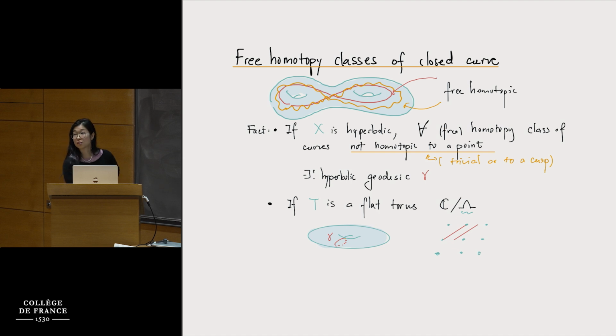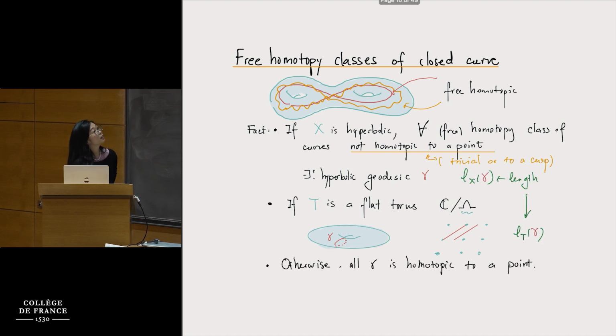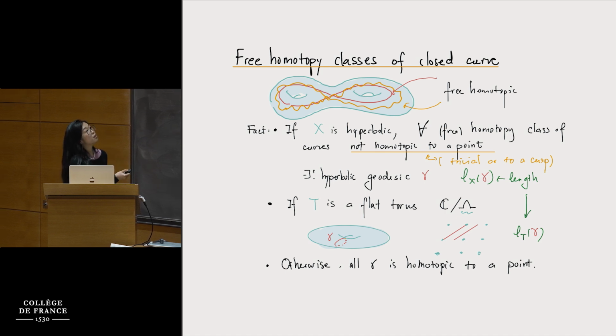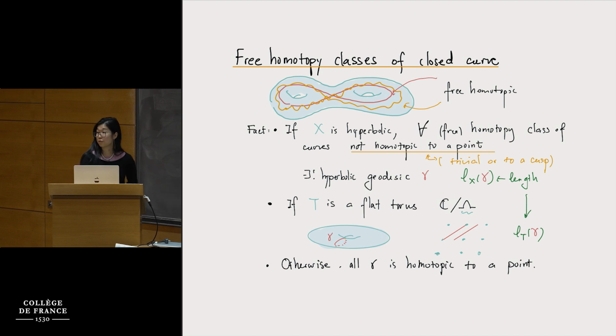It gives you another geodesic with the same length. However, we can still talk about their length. In the first case, since the hyperbolic geodesic is unique, I define the length of the homotopy class as the length of the geodesic. And in the second case, all the geodesics are related by sliding around the torus. They have the same length, so the length is still well defined.